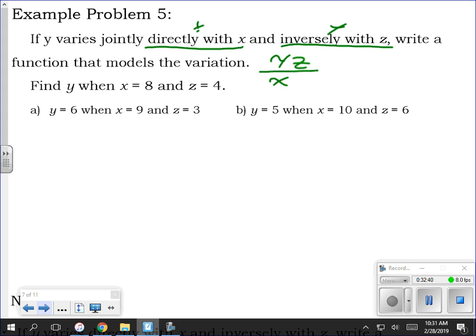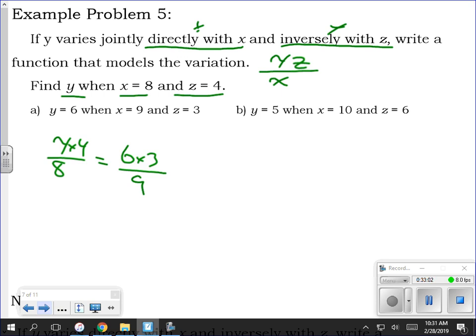so that means y over x and times z, so y over 8 and times 4 is equal to 6 divided by 9 times 3 up here. That's my relationship. Y and z get multiplied, divided by x.